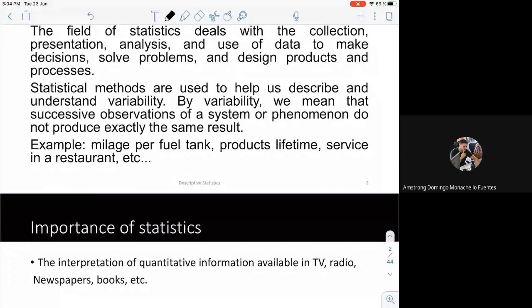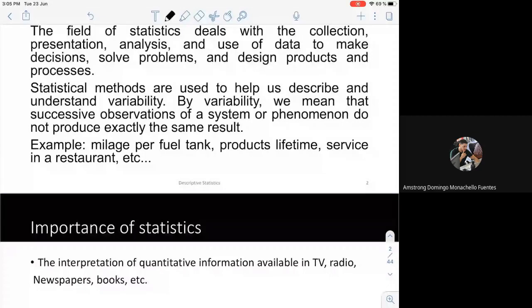For example, if you are rolling a die, you don't know which number you're going to get for sure in the next round, but at least you know that the possibilities are the numbers 1, 2, 3, 4, 5, 6. Those are the six numbers you can get when you roll a die. So even though you don't know the exact value that you're going to get, at least you have an idea of the possible outcomes.